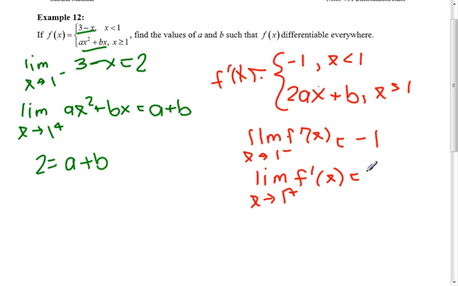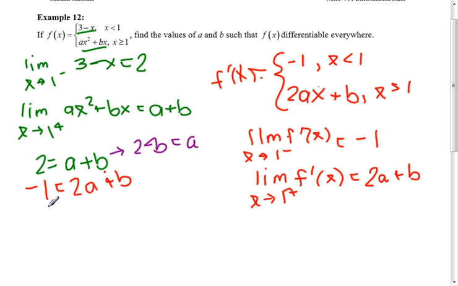We get 2a plus b. So now we can combine it with this over here. 2a plus b. Okay, you could solve this. You could set up a system of equations and solve it. Or you can solve for one variable and substitute. Okay, so we could maybe solve this one for a. Alright, 2 minus b equals a.